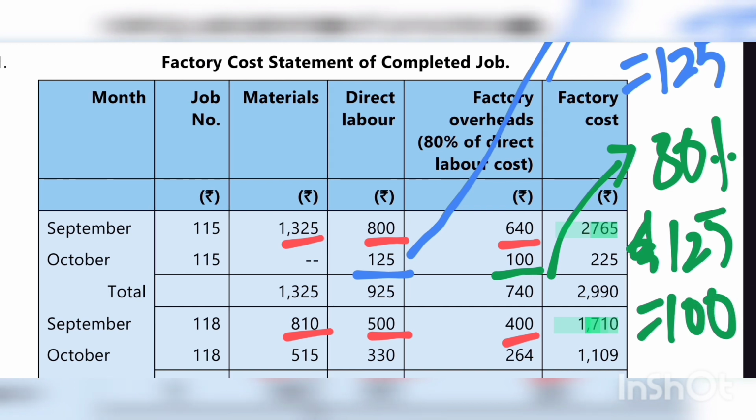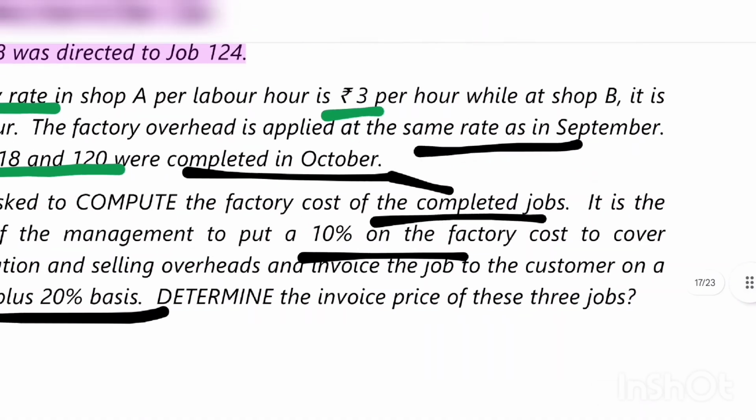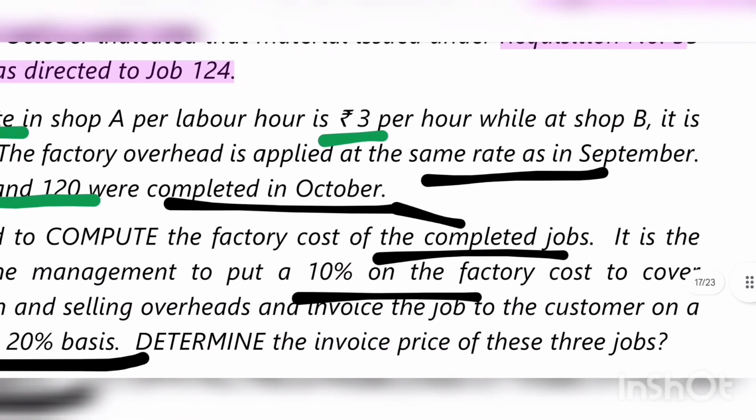In the question they have given that factory overhead should be apportioned in the same proportion which was incurred in September, same rate as in September.